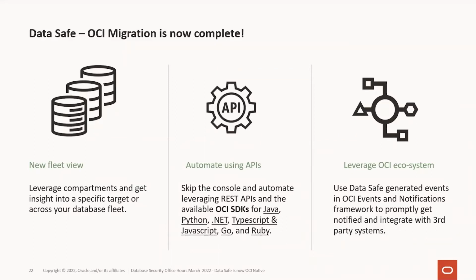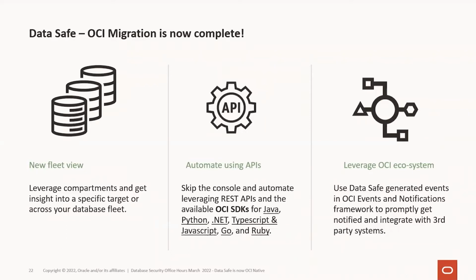DataSafe is the same way, and what that means is if you don't feel like going in manually doing operations within the DataSafe console, you can automate this using whatever your language of choice is. Python, Ruby, Java, doesn't matter. You now have full capability to build your own dashboards, to build your own workflows using those DataSafe APIs.